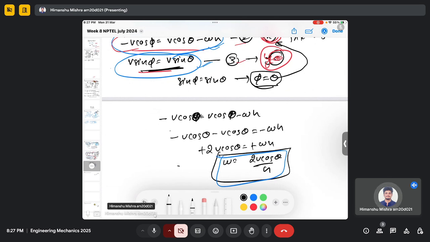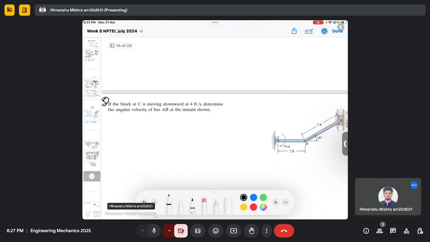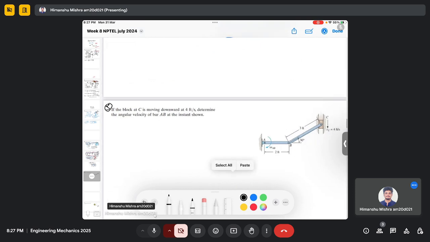So let's solve one more problem of this kind in order to get more clarity. Here, if the block at C is moving downward at 4 feet per second, determine the angular velocity of bar AB at the instant shown. Again, we have to use the similar concept that V1 equals V2 plus the relative velocity.